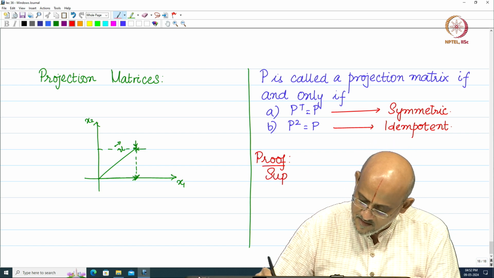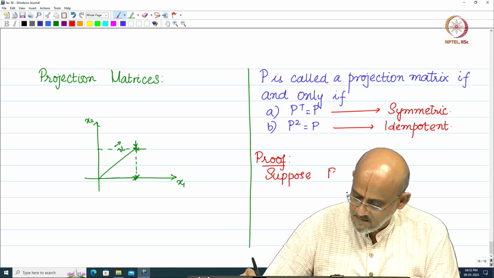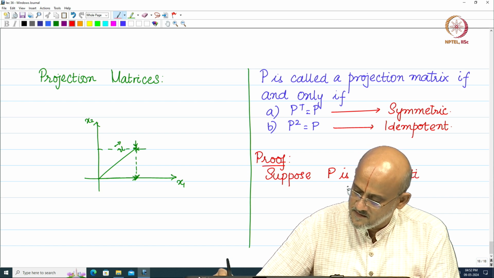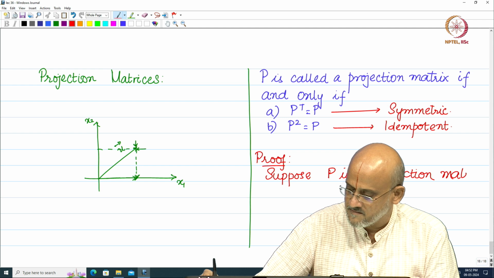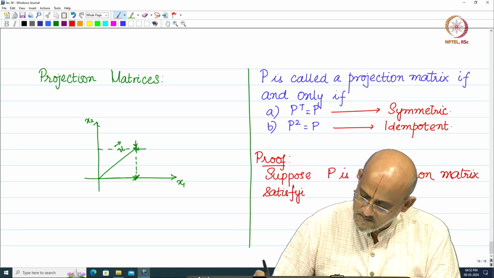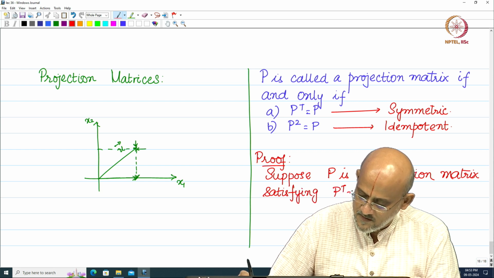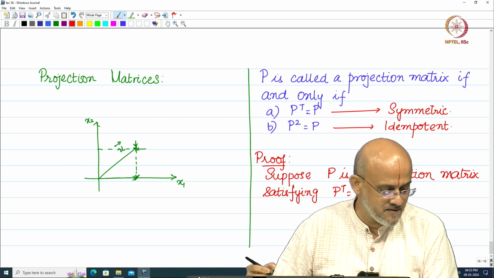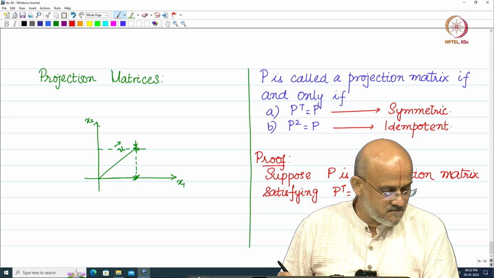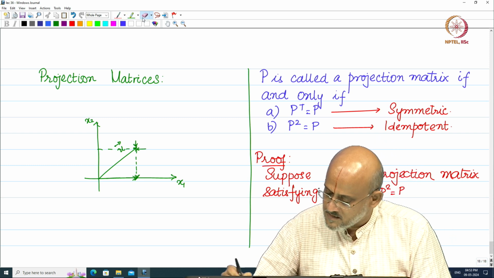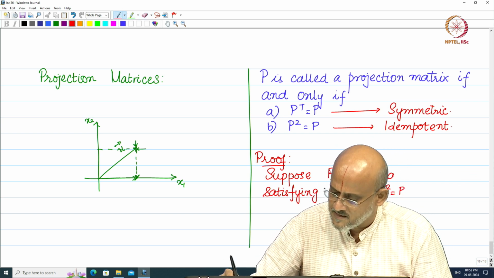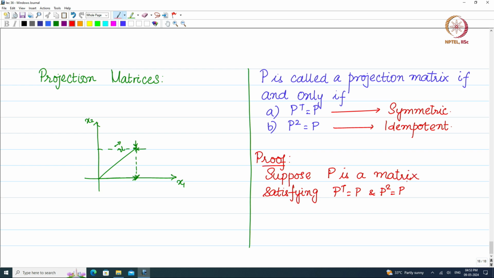Suppose P is a matrix satisfying P transpose is equal to P and P squared is equal to P. Let us take P to be any matrix which satisfies this, then we need to prove that P is a projection matrix.